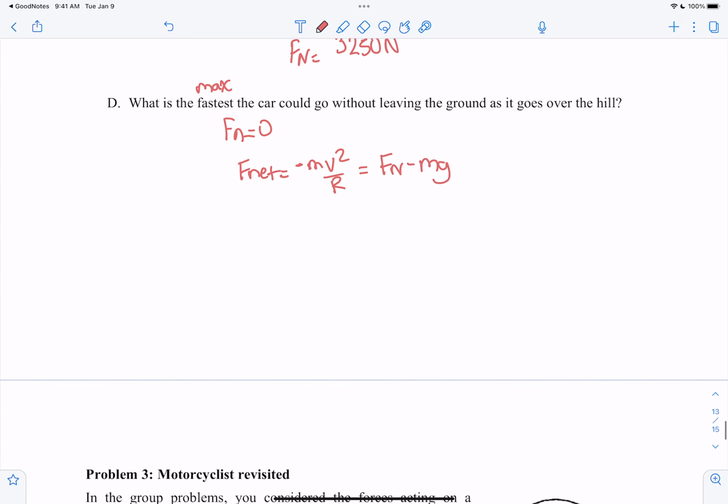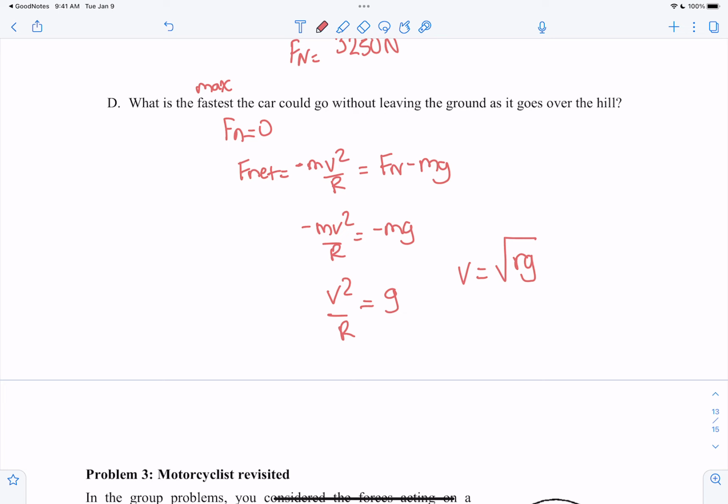So we know that this is 0, right? Because we said it's when the car or the object just barely loses contact with the surface. So in that case, negative mv squared over r is equal to negative mg, right? Negatives cancel out, mass cancels out. So we're left with v squared over r is equal to g. V is equal to root rg.